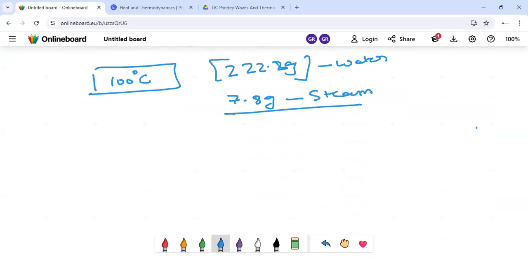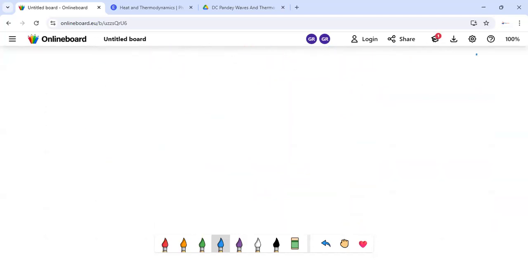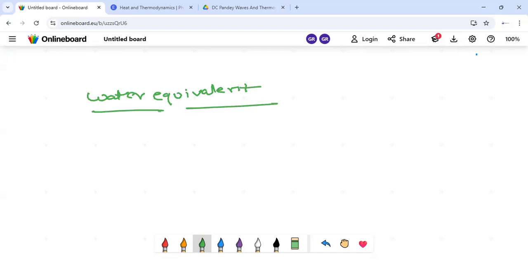Before I go to another problem, let me again give you a small conceptual thing called water equivalent. Nowadays it becomes very important, this part. Sir, in the last class you had given us a question to think about why latent heat for water is more for vaporization.